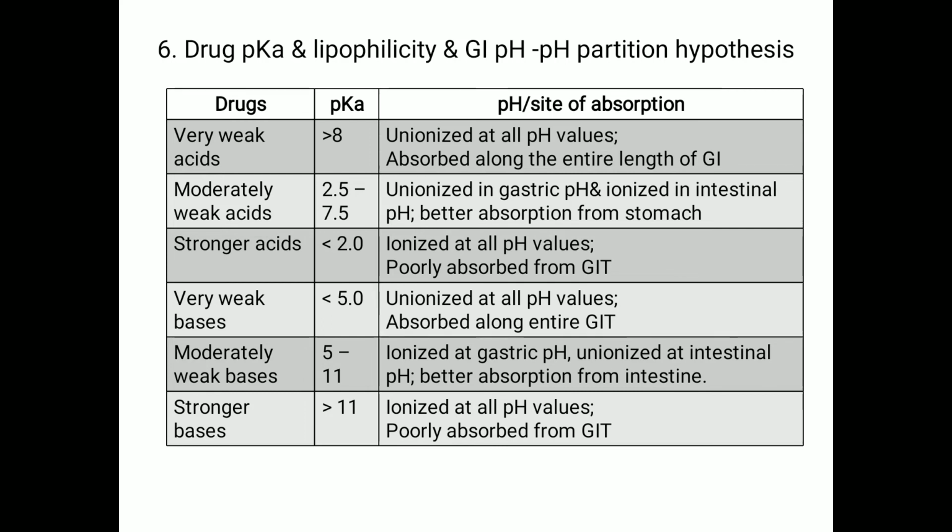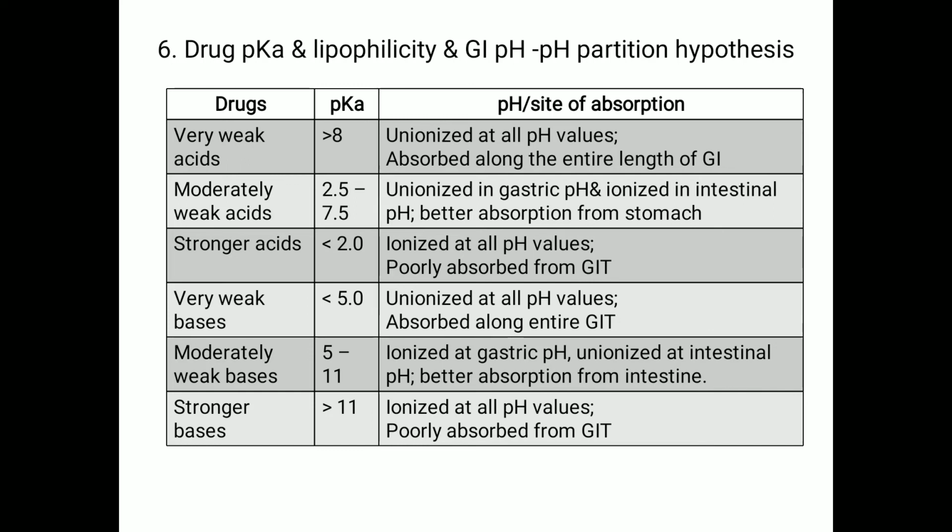Next are stronger acids whose pKa is less than 2. Such stronger acids remain ionized at all pH values, and that's why they are poorly absorbed from the GI tract. In the case of very weak bases whose pKa is less than 5, they remain unionized at all pH values and are absorbed along the entire GIT.